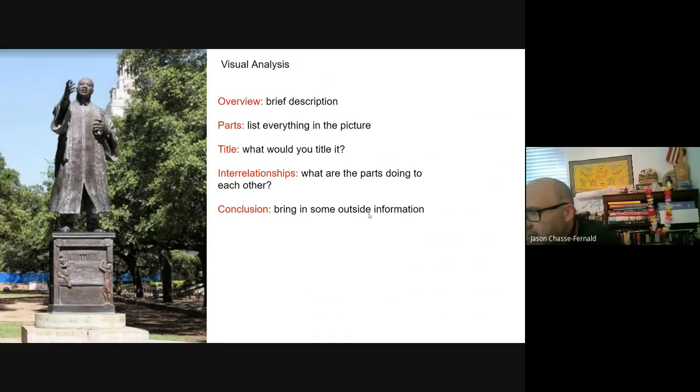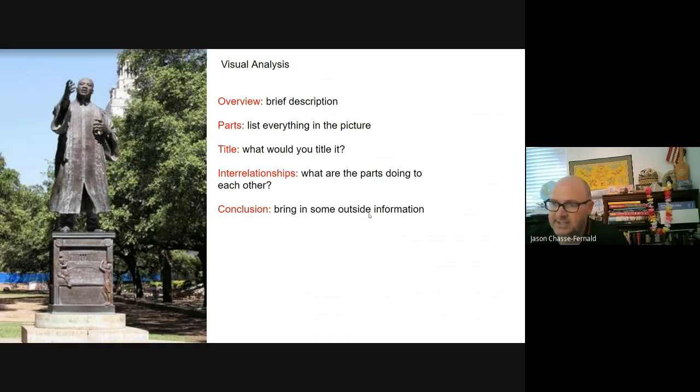So overview: when you see an image, provide an overview, give a little description of what you're seeing there. List everything you can see in the picture, break down the picture, list it off in as much detail as you can. Maybe create a title for it, right? It's kind of like giving a main idea for it. Okay, now that you've identified different parts, can you identify an interrelationship between two or three of those things, right?